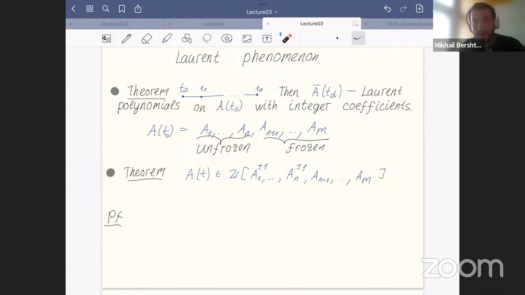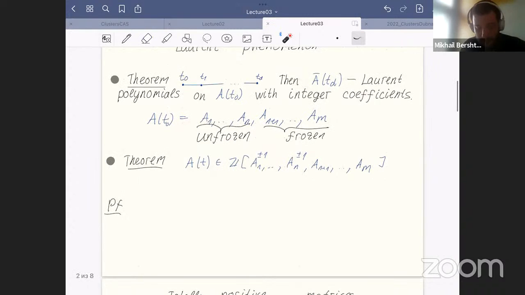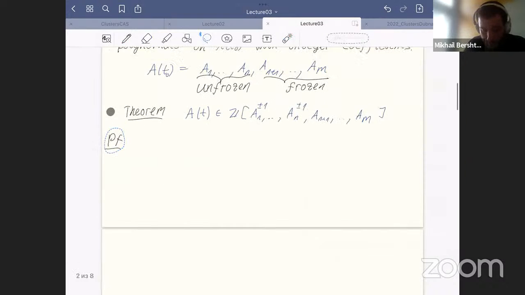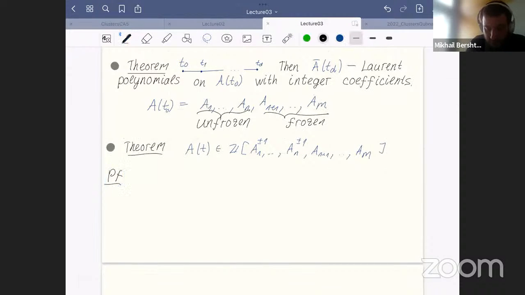Okay. Now the proof. The proof will proceed by induction on d, the number of mutations. And using this induction, we will first prove the following lemma.